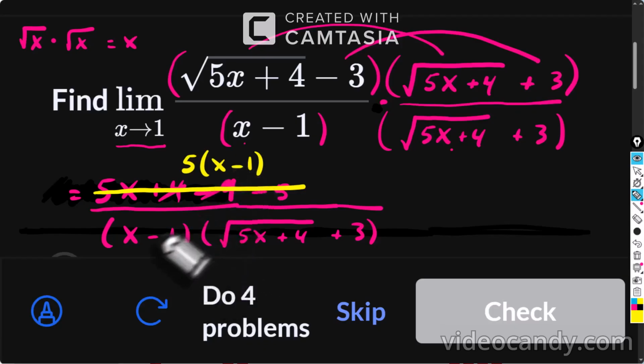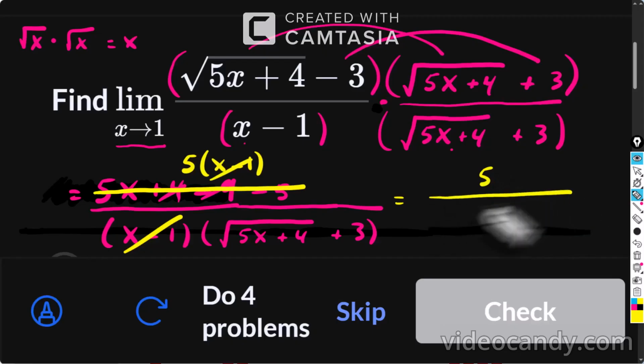We have x minus 1 divided by x minus 1. And we only have a 5 left in the numerator. And the denominator is going to be radical 5x plus 4 plus 3.